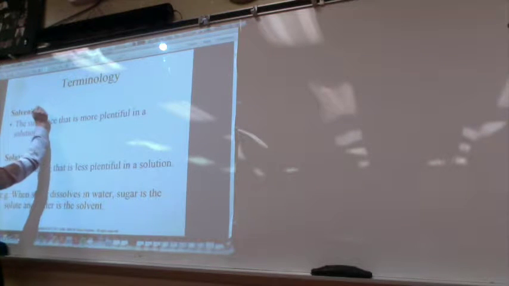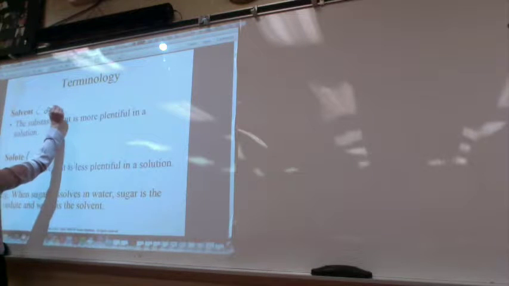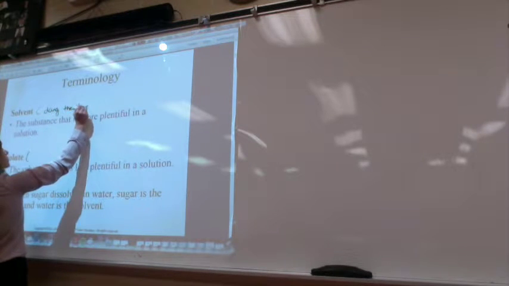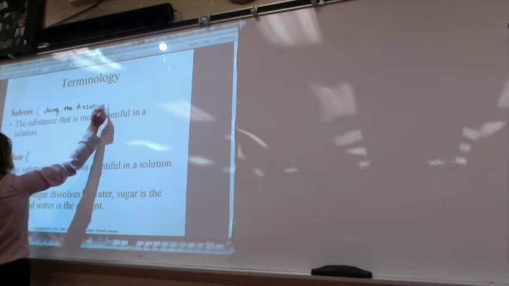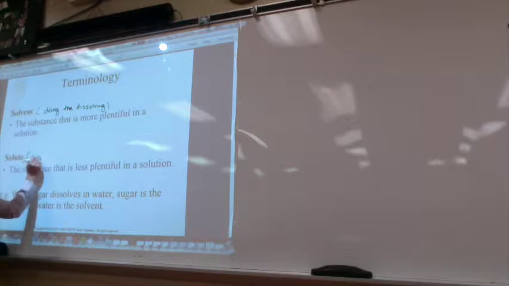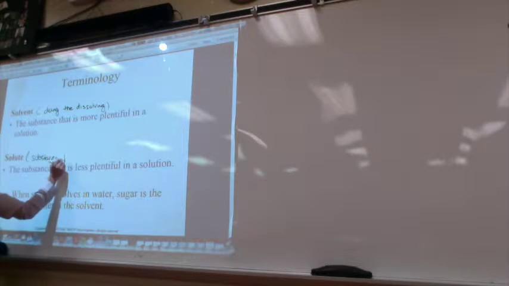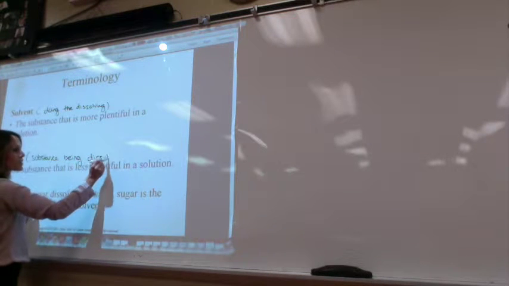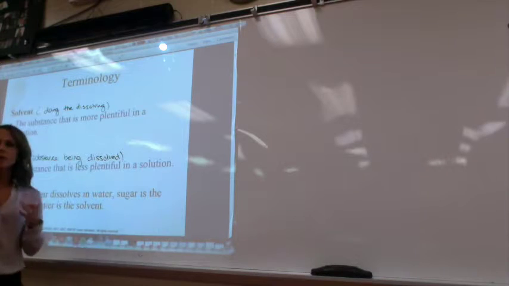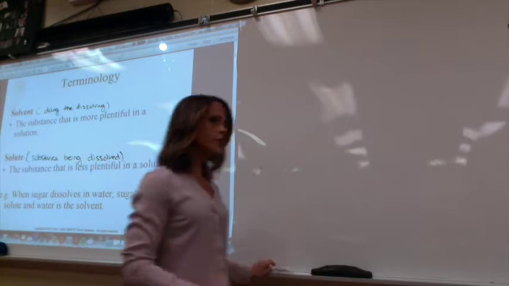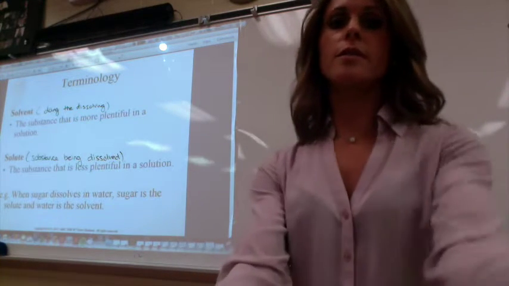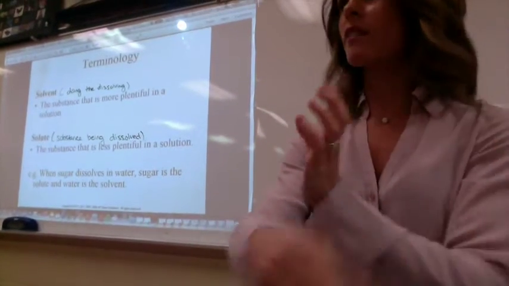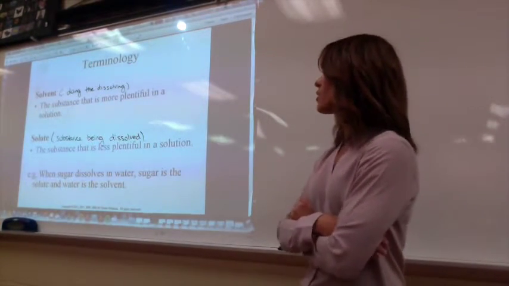The solvent is doing the dissolving. And then the solute is the substance being dissolved. That's typically what we consider it, but that's not necessarily true to think of it that way if you're considering liquids with liquids or gases with liquids, because you don't have an actual substance that's being dissolved.